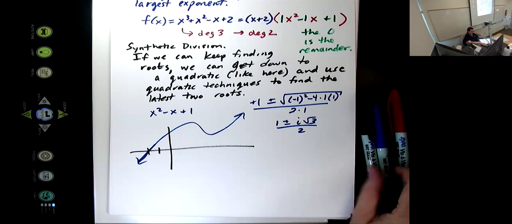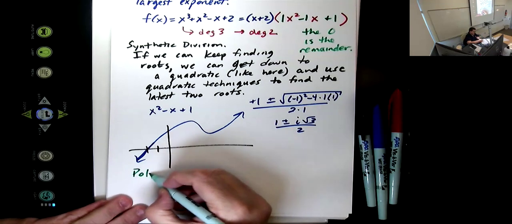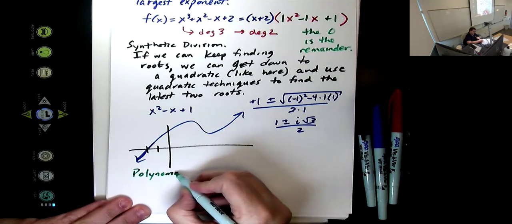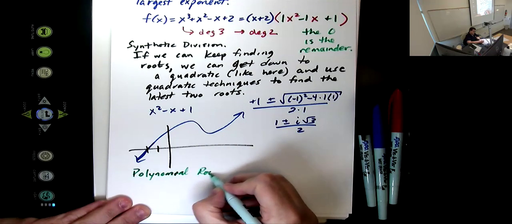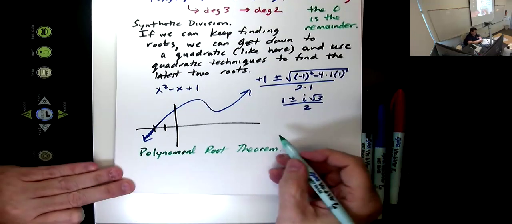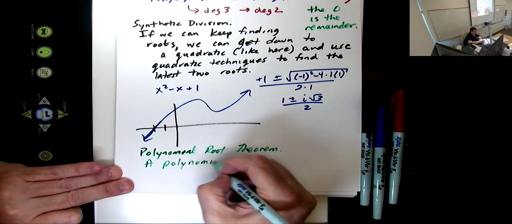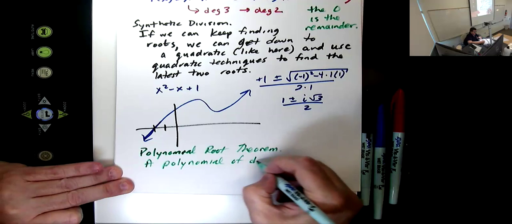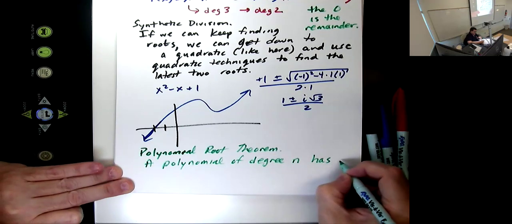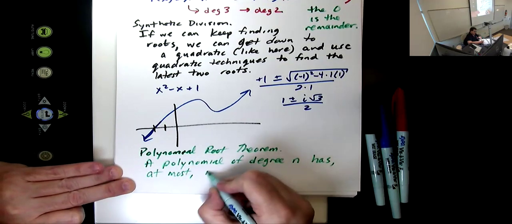So there's a theorem, I think it's in the next section, actually. It's called, I don't know, the polynomial root theorem. A polynomial of degree n has at most n real roots.